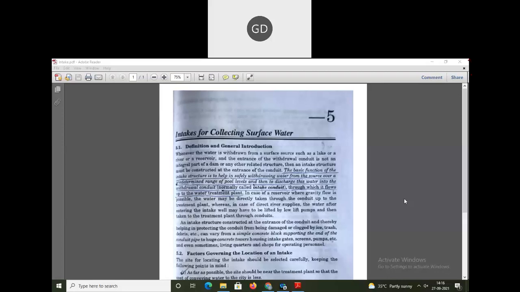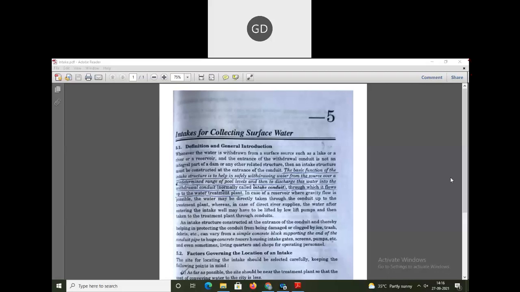It withdraws water from the source and takes it up to the withdrawal conduit. From there the water normally flows to the water treatment plant. This is the basic function of an intake.